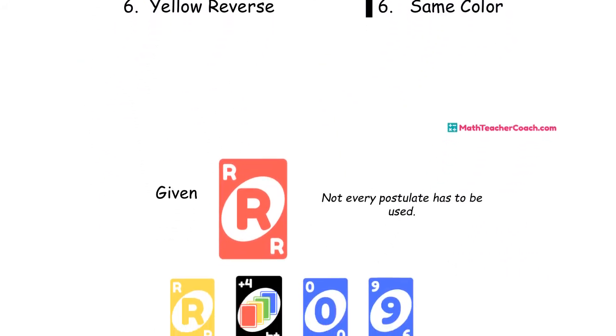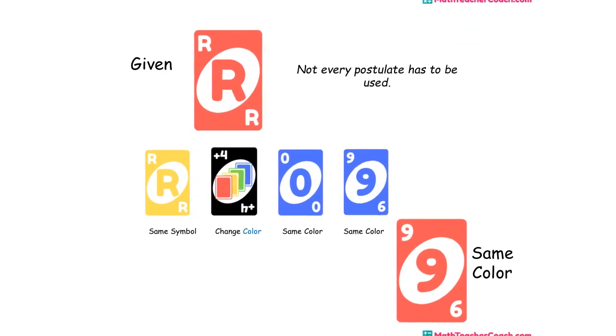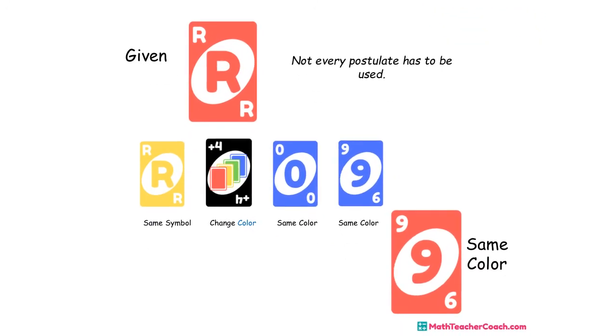Let's try another one. We're given this red reverse. It says here, we don't have to use every postulate. And we have a yellow reverse, a draw 4 wild, a blue 0, and a blue 9. And we want to get to a red 9.